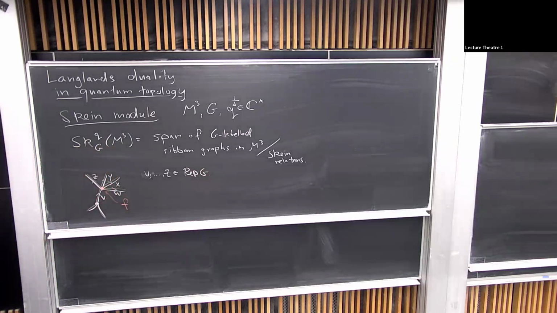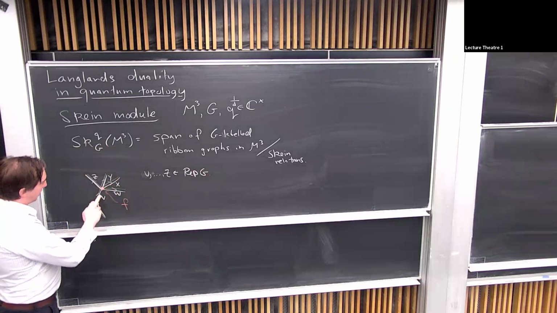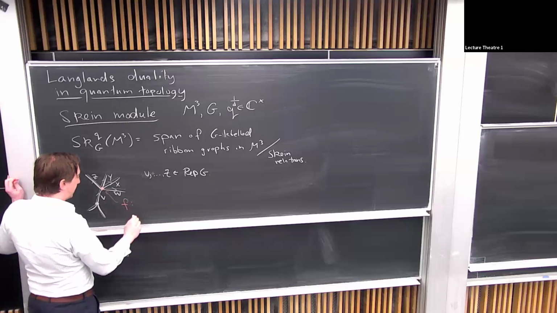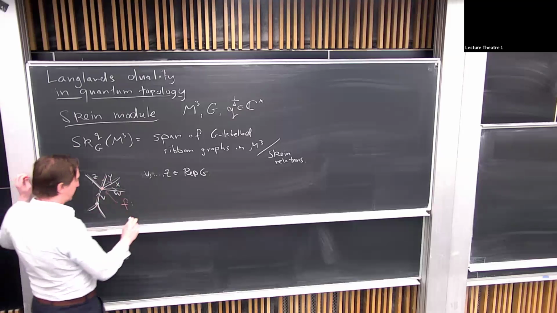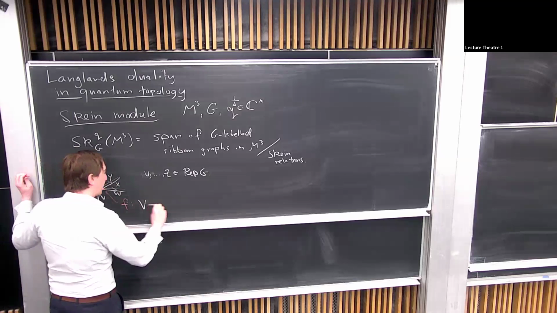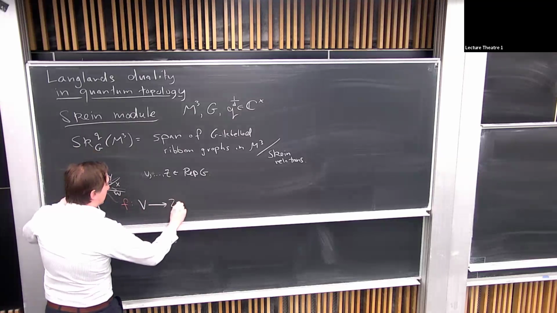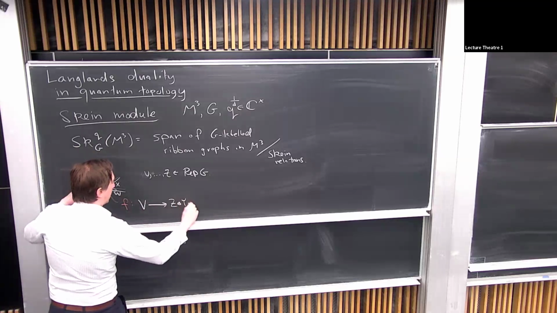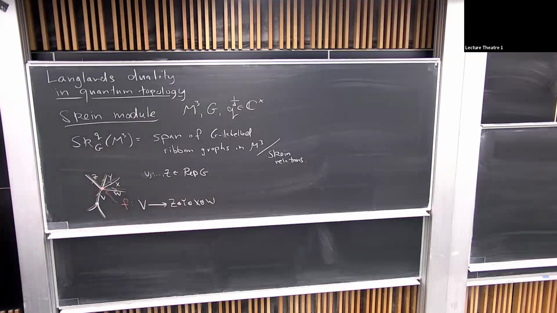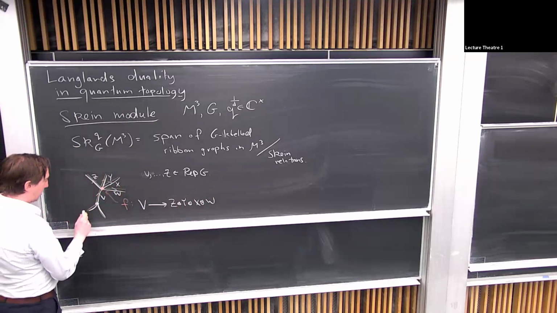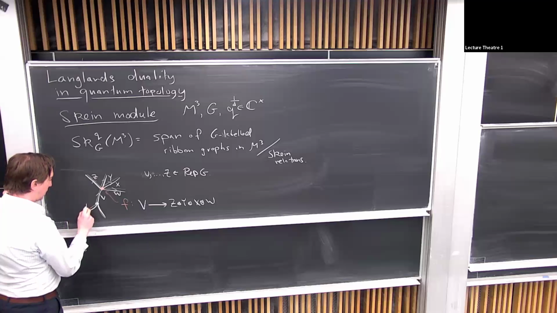And so at the vertices, we're going to label by a morphism F. And F is going to be a morphism from the product of all the incoming edges to the product of all the outgoing edges taken in some cyclic order. So in this case, it would be a map from V to Z tensor Y tensor X tensor W. And here we would have some T and some U and some orientation here.